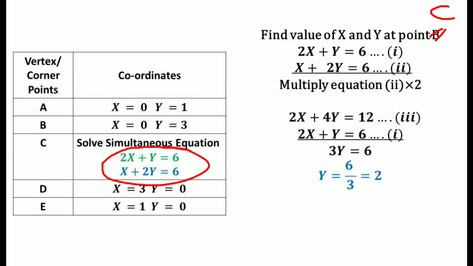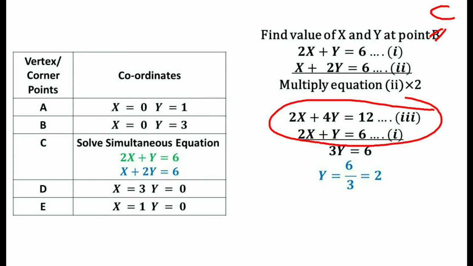In order to find out the value of x and y at point C, see, we have two equations at this particular point. That is 2x plus y is equal to 6, that is the first equation. x plus 2y is equal to 6, that is the second equation. In order to solve this simultaneous equation, we have to multiply the second equation by 2. Therefore, the second equation will become 2x plus 4y is equal to 12, which is the third equation.